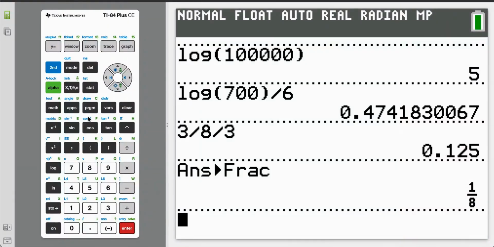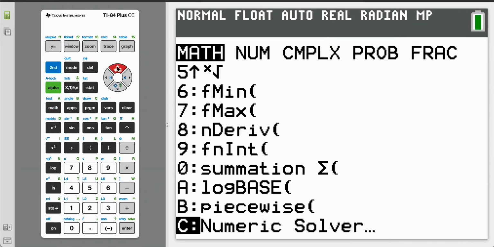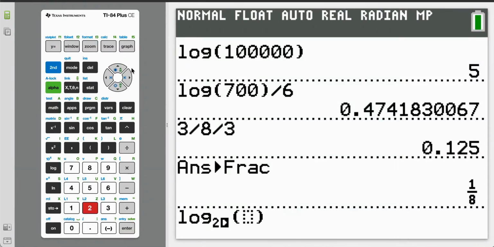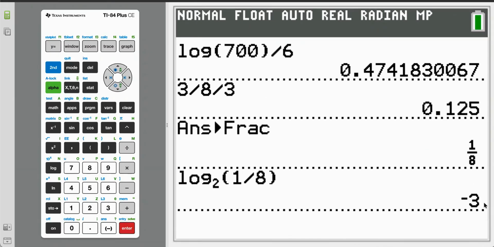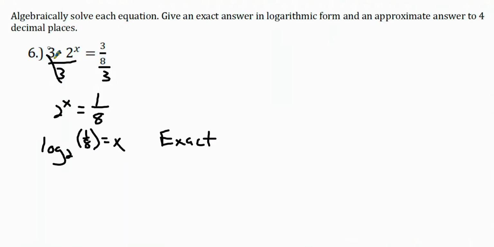Now remember, if I want a base other than 2, I have to go into the math menu and then scroll until I get to log base. So now I can put in log base 2 of 1/8, and I get -3. So we'll say that that is our approximate answer.